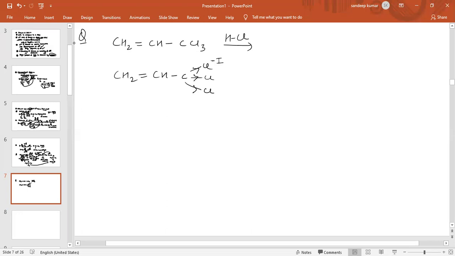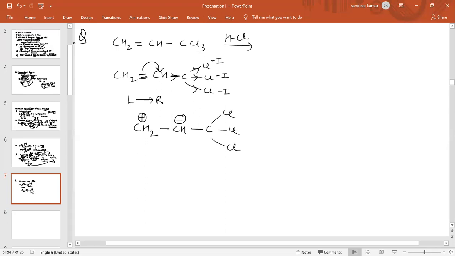So this will withdraw electrons by the minus I effect. So the direction of electron movement will be from left to right. Therefore this pi bond will break from left to right. So this electron pair will shift onto this carbon atom. When this electron pair shifts onto this carbon atom, this carbon bears a positive charge and this carbon bears a negative charge, and also on this CCl3.